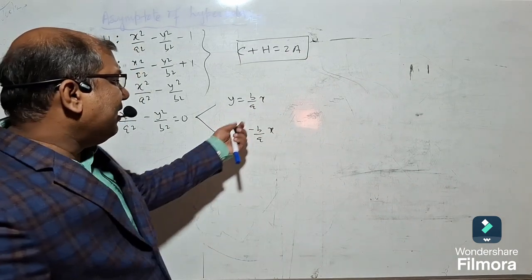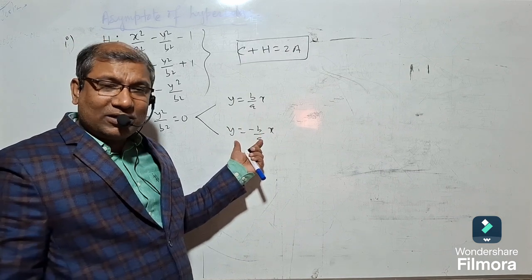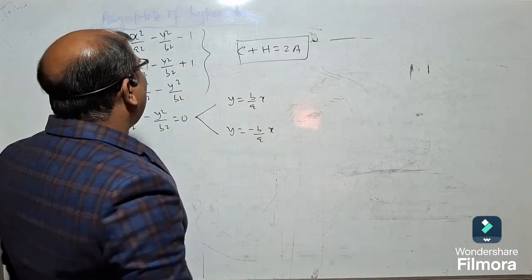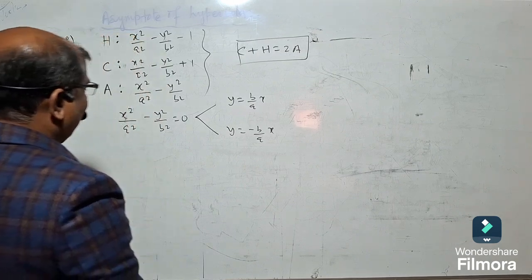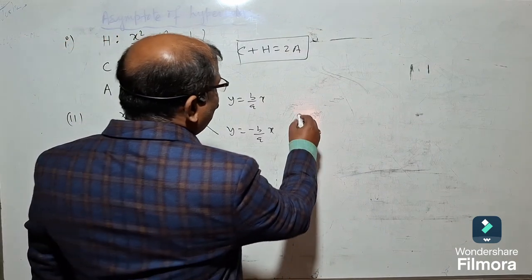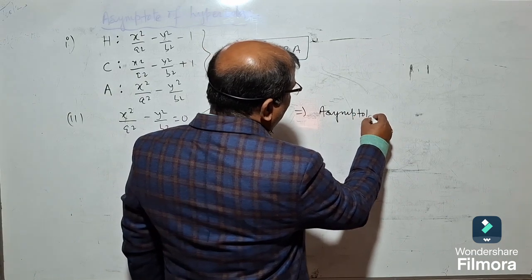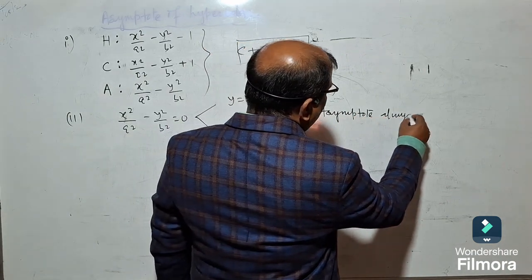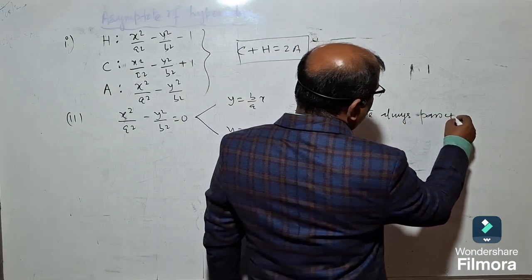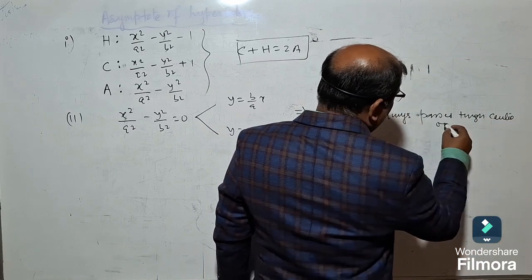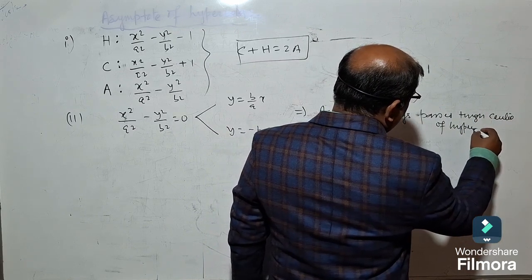So definitely both will pass through the origin, and since the origin is the center of the hyperbola, we can say that asymptotes always pass through the center of hyperbola.